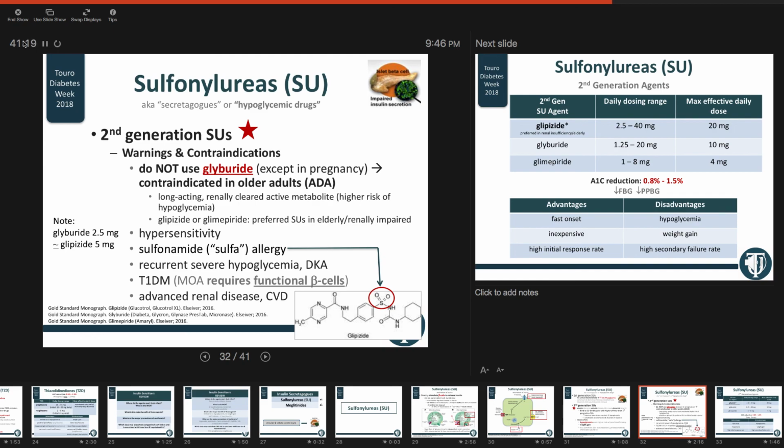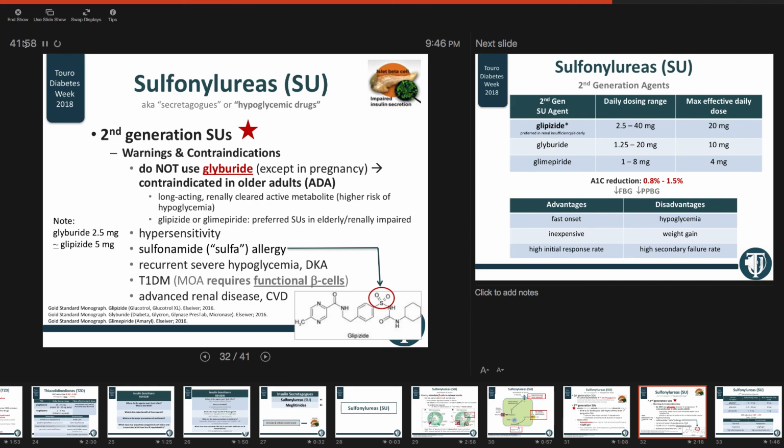The reason is that glyburide has a long-acting active metabolite, which is cleared by the kidney. For older patients, the kidneys might not function as well, which might lead to a higher risk of hypoglycemia. So instead, we want to use glipizide or glimepiride in the elderly population and in those whose kidneys are not working so well.